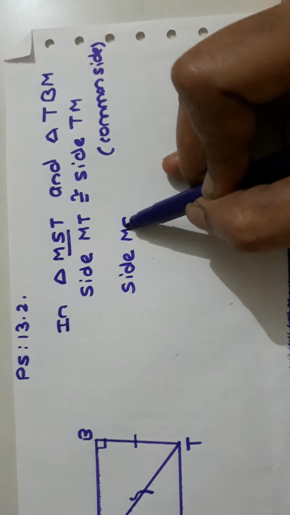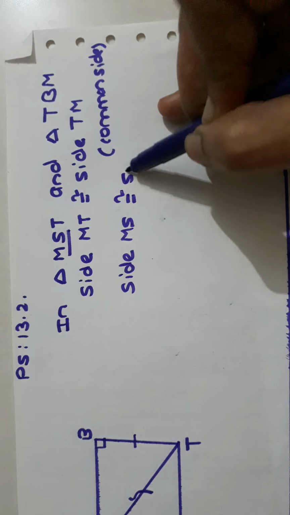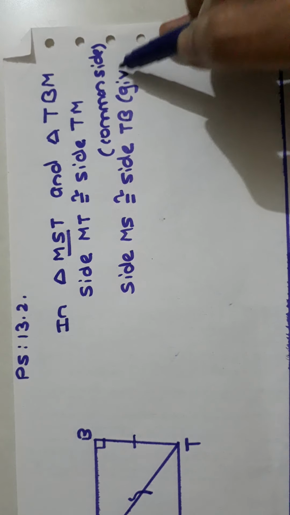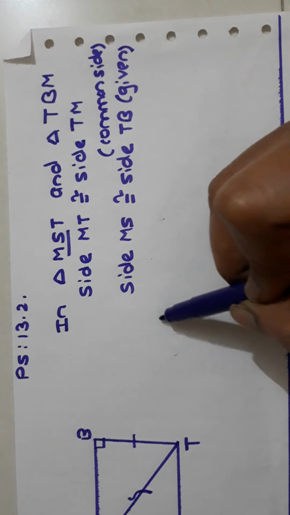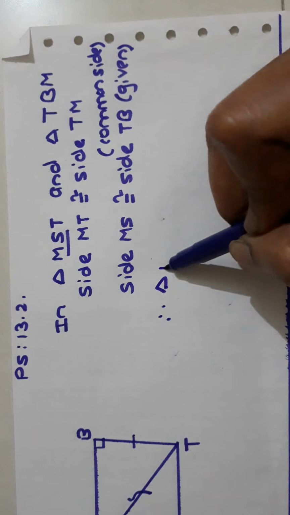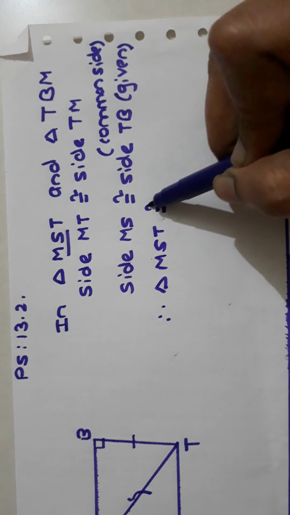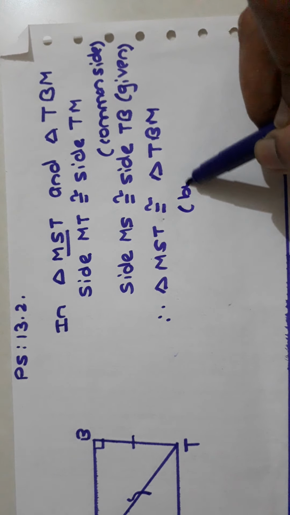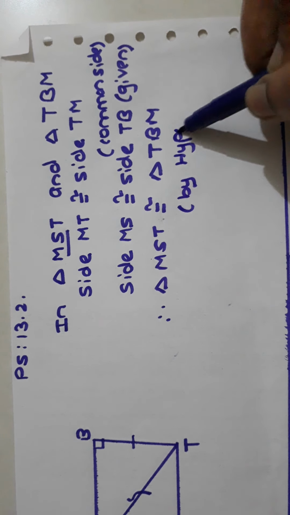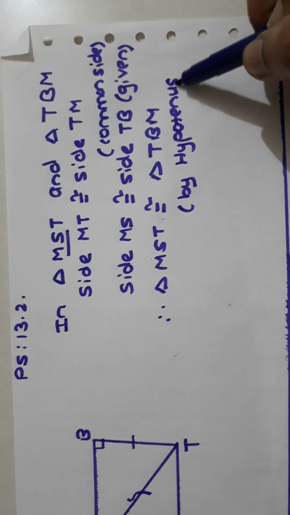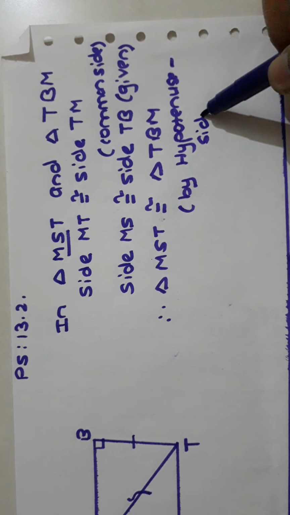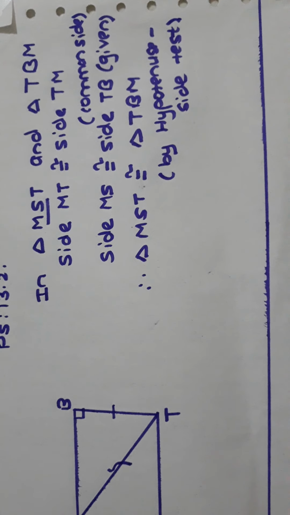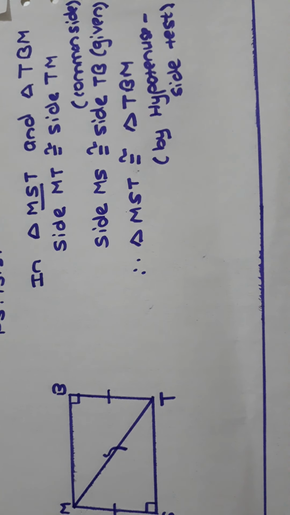MS congruent to side TB. This is given. So that means triangle MST is congruent to triangle TBM by hypotenuse side test. So we have shown that both the triangles are congruent by hypotenuse side test.